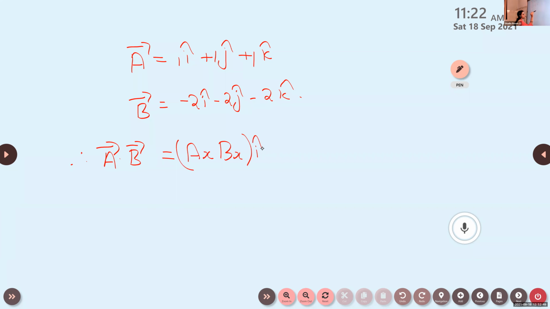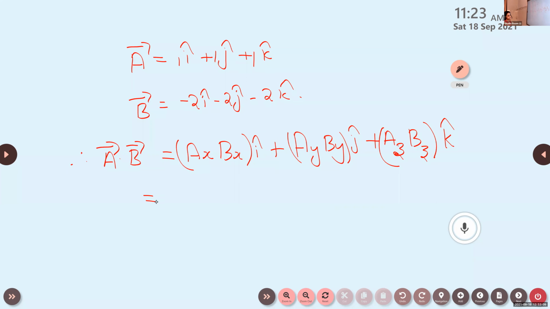this general equation: AX BX i cap plus AY BY j cap plus AZ BZ k cap. So AX BX means 1 into minus 2. Minus 2.